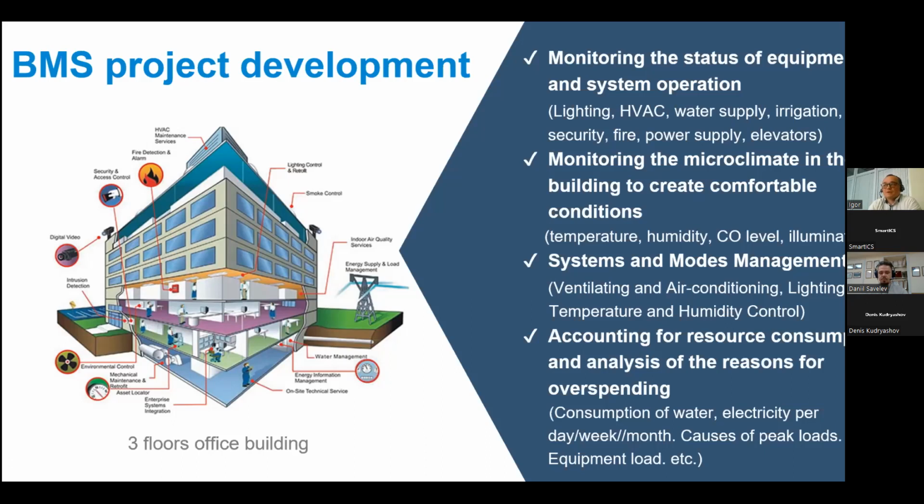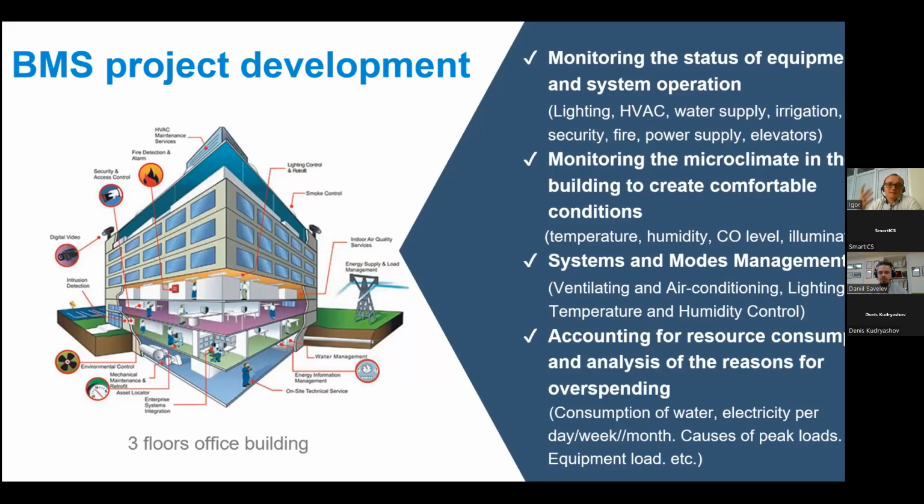Of course, monitoring the microclimate in the building, and having some reporting and accounting for the building and all the signals that are incoming. So this is basically the theoretical part, the requirements part that we receive from our end user, or sometimes, as you know, you are the one formulating it together with the customer.